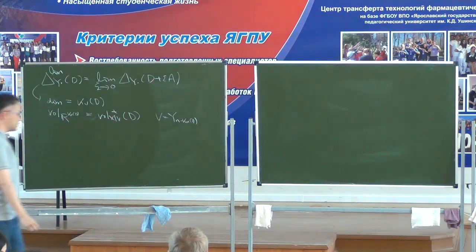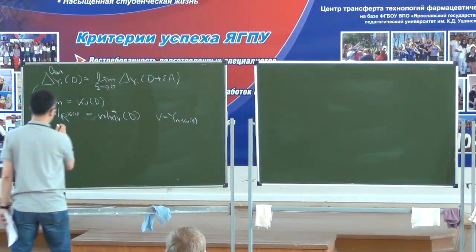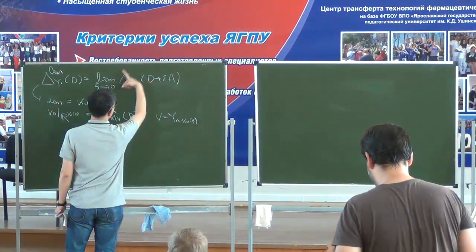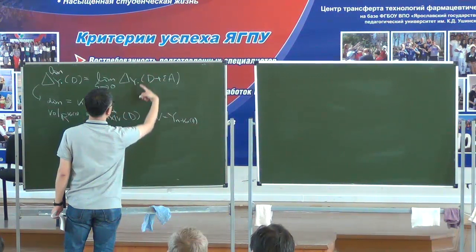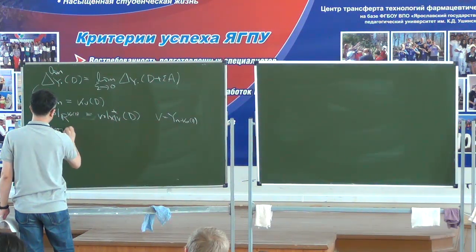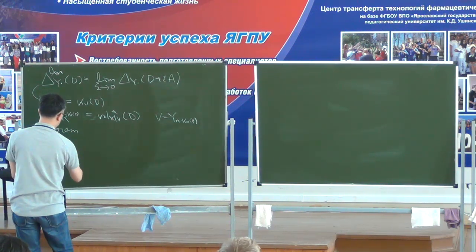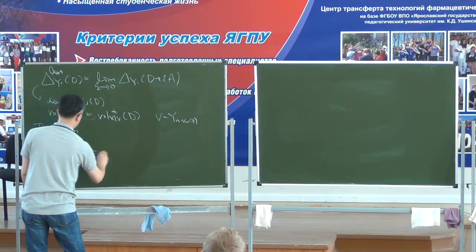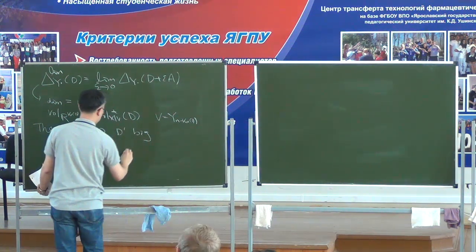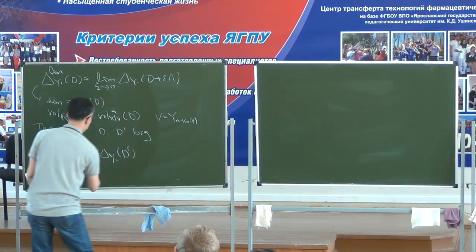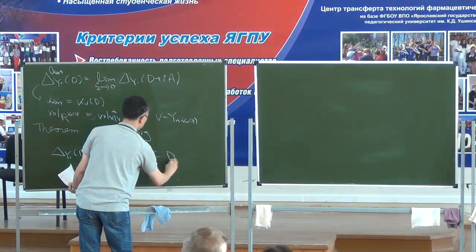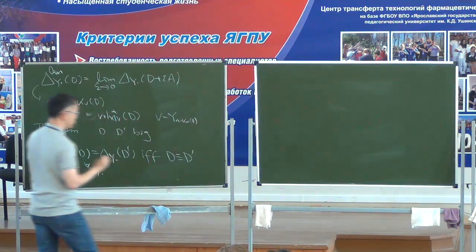Okay. And yesterday I forgot to add one more result. In the big case, the Okounkov body was a numerical object. So in the big case, D and D prime are big, for any flag, if and only if D is numerically equivalent to D prime.